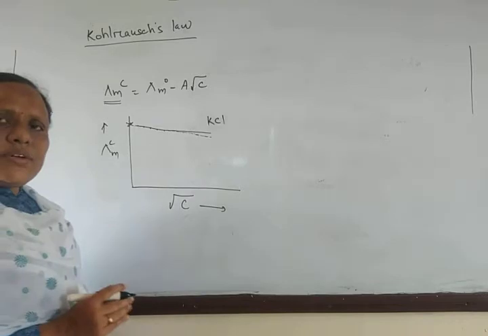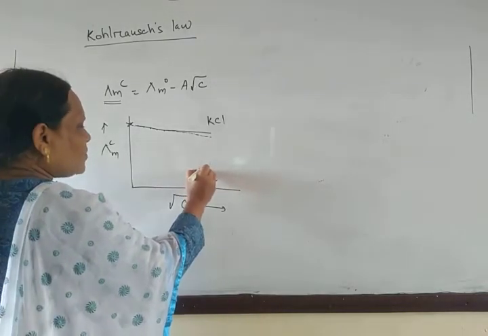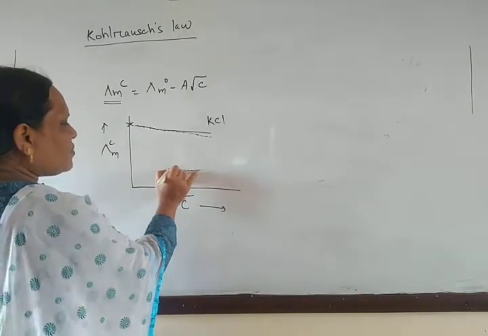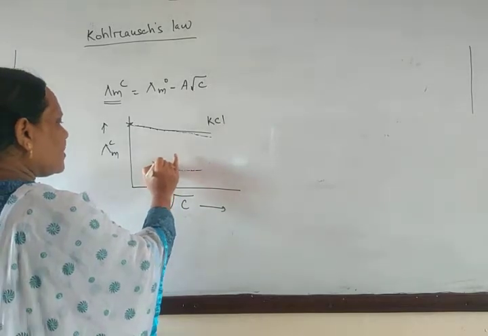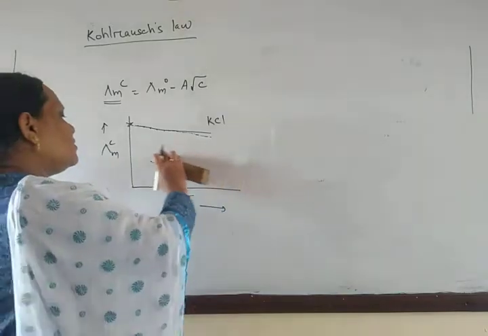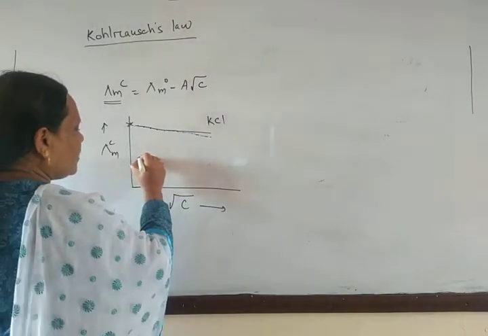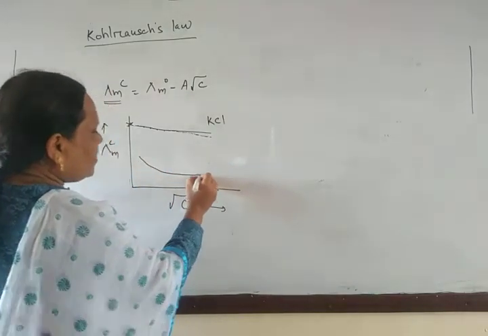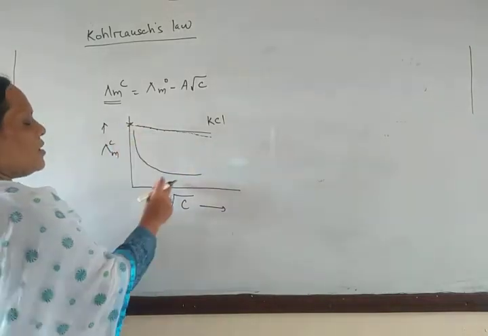But if we consider a weak electrolyte, at first it has a very low value at high concentration. But when more and more solvent is added and the electrolyte is diluted, we get this type of graph which increases sharply on dilution.